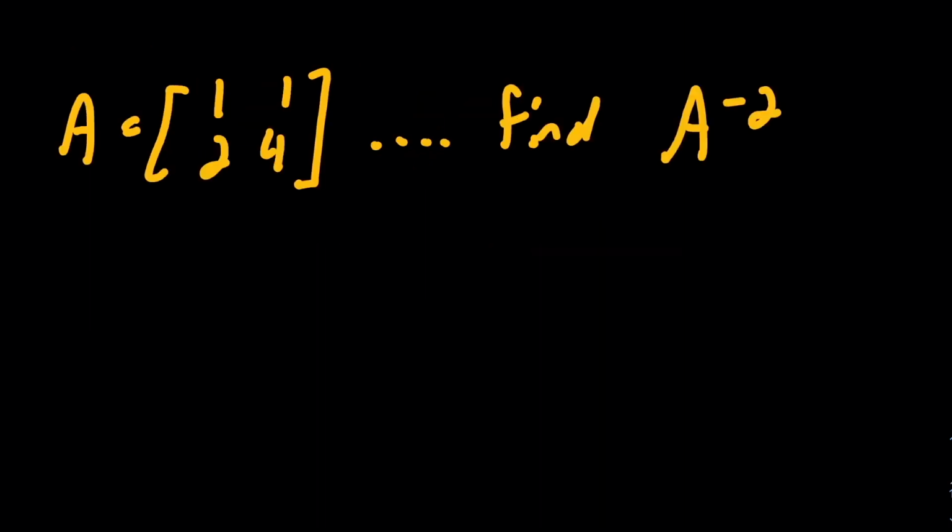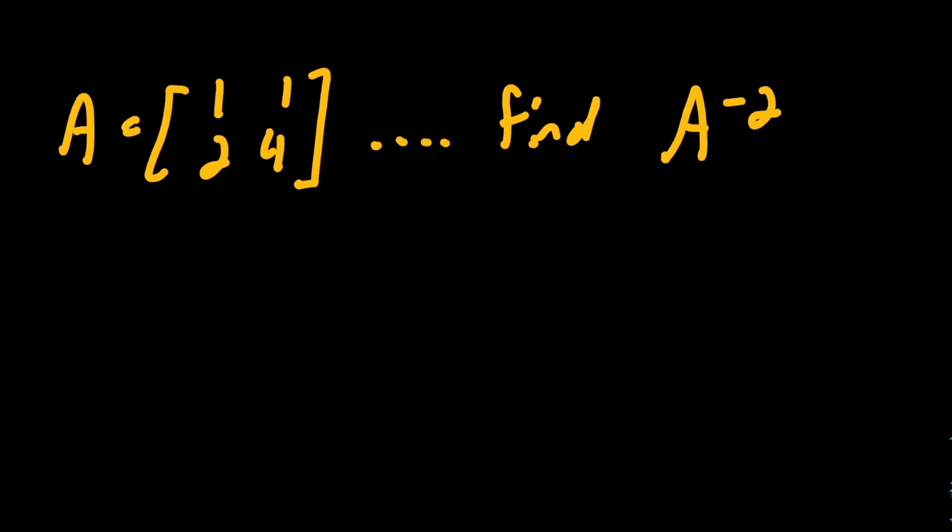Okay, in this example, we are tasked with finding the inverse of the square of a matrix. So we're often tasked with A to the negative first power, this times A to the negative second power. How many ways are there to solve this problem? It's a lot. It's more than one actually. It's 2.